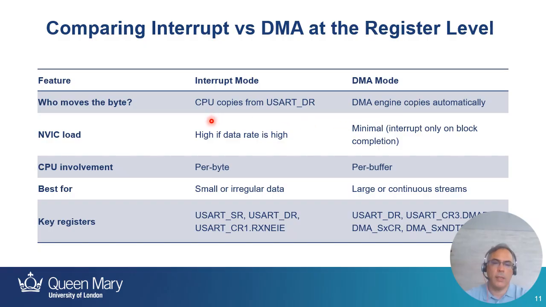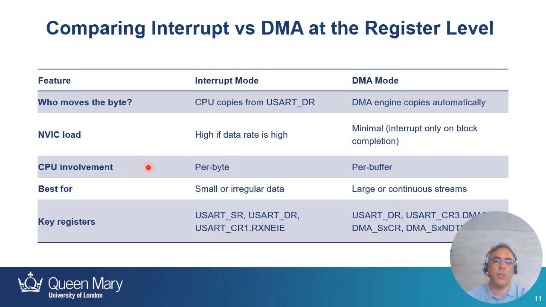What is the NVIC load, the interrupt controller load? In interrupt mode, it's high if the data rate is high, so it depends on the data rate. In the case of DMA mode, it's minimal, because the interrupt only occurs when the transfer is complete, so on block completion.